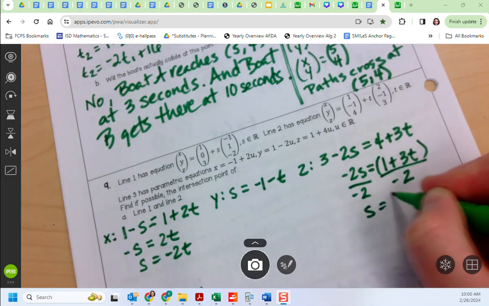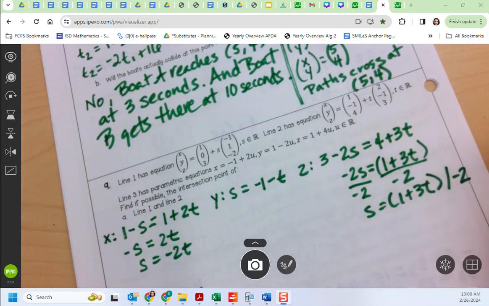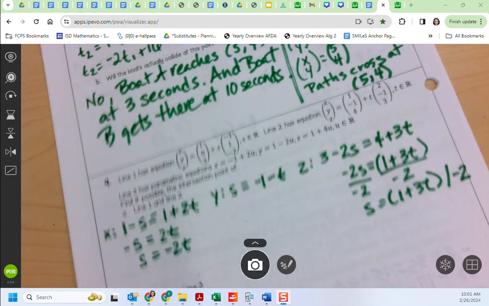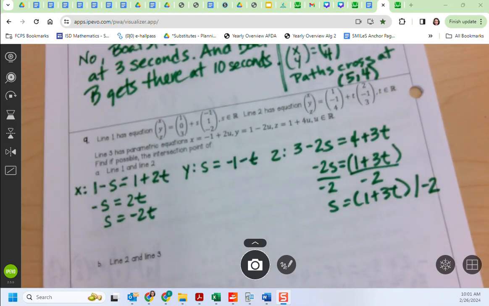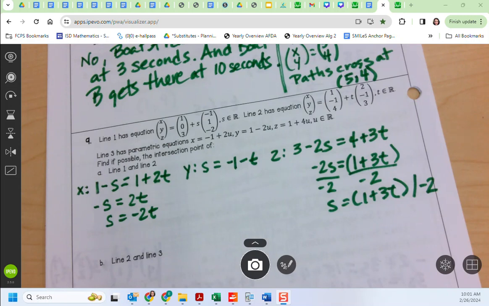And s is equal to 1 plus 3t divided by negative 2. All right, so we're going to graph these, and we have 3 lines, and 3 lines don't necessarily meet in one point. But if they do meet in one point, then that would mean that there would be a place where these lines cross.